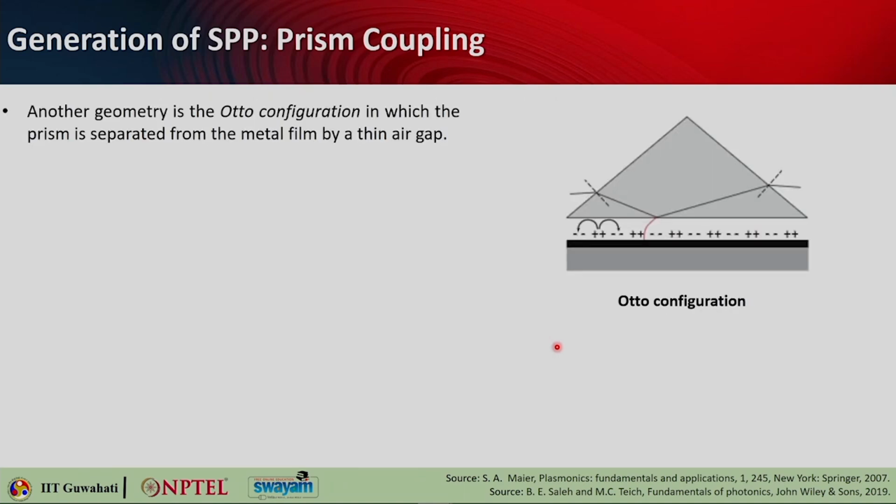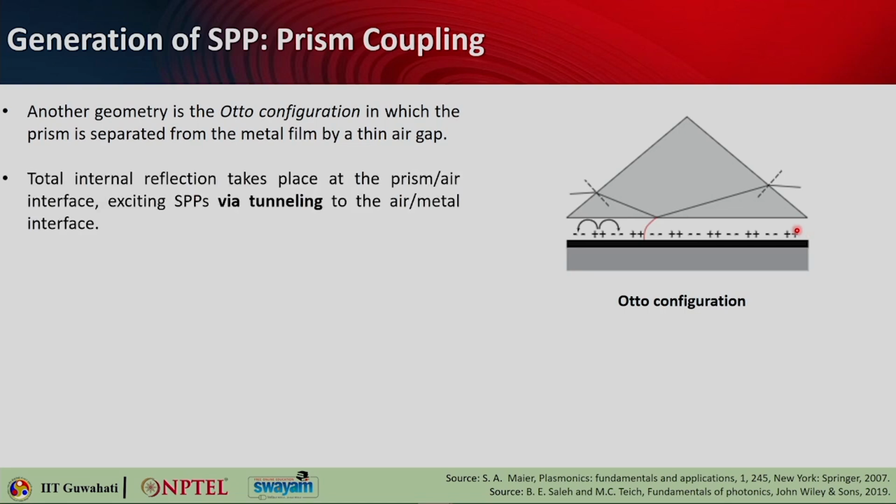Now, there is another configuration in prism coupling which is called Otto configuration. Okay. Now, in this case there is a gap between the prism and the metal film. So, there is basically a thin air gap.